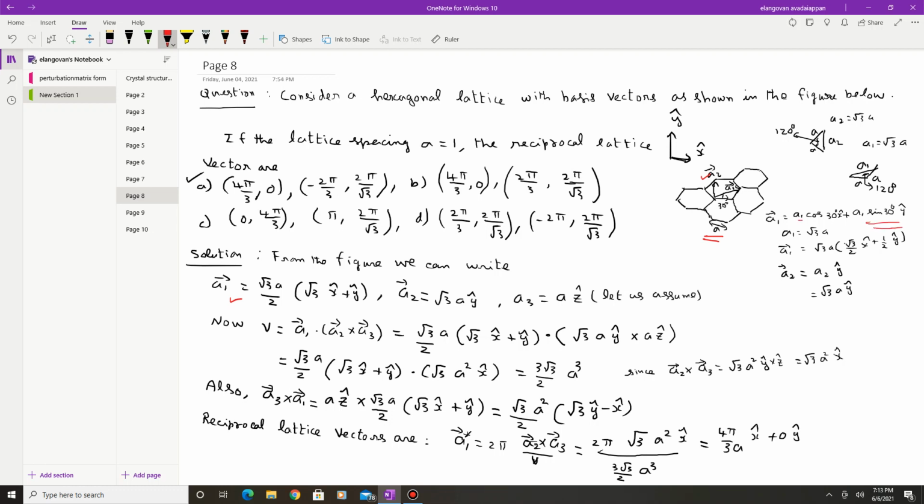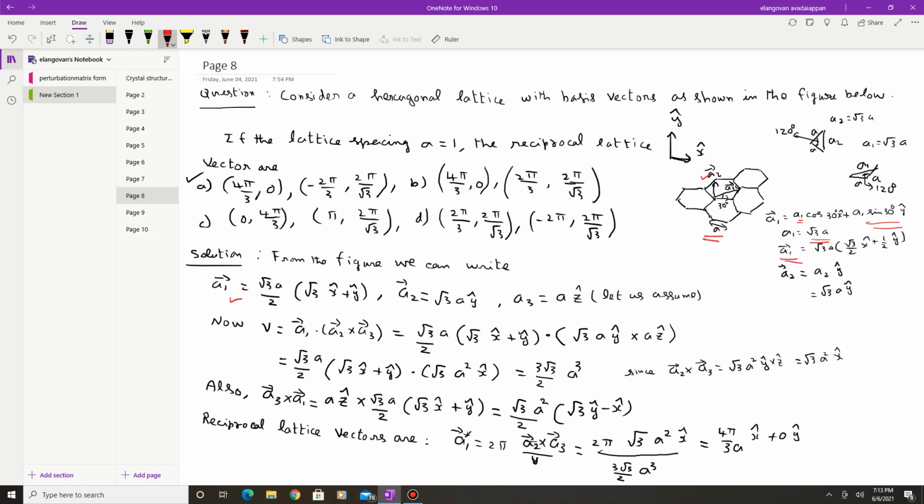The magnitude of a1 is root 3 a. Once we substitute this value, root 3 a, cos 30 is root 3 by 2, sin 30 is half. So finally this is your expression for a1.